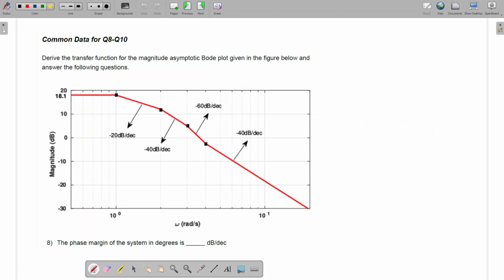Some Bode plot data is given. We have to find the phase margin of the system. How can we find it? Any guess? What should be the step?